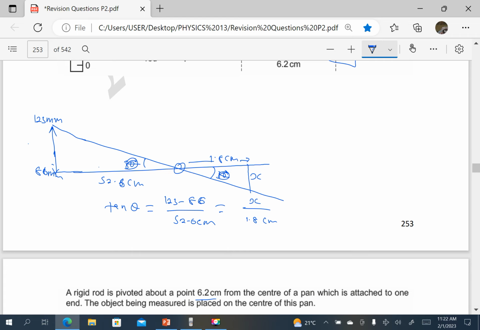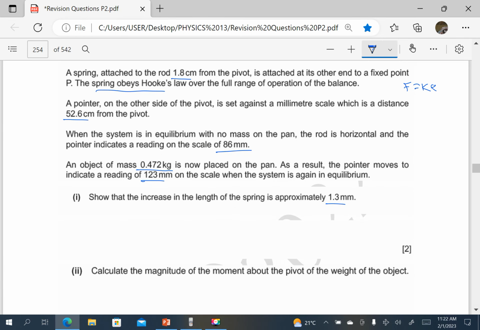So let's now transfer that down here. So we are saying that the distance moved by the pointer is going to be 123 minus 86.